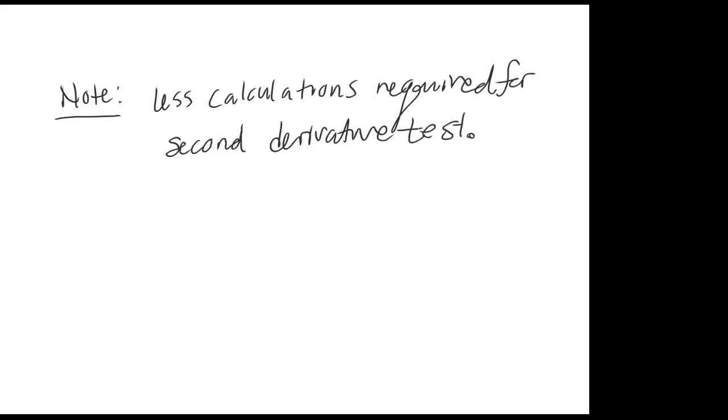Also, if I use the second derivative test, then that tells me a little more than just this is a maximum, this is a minimum. It tells me what type of maximum or minimum.